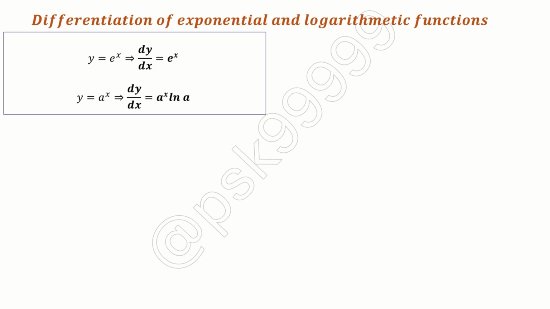We have already learned differentiation of log x equal to 1 by x. Log x means log base e. From that we will derive the differentiation of e to the power of x. So y equal to e to the power of x, dy by dx equal to the same value, e to the power of x. Y equal to a to the power of x, then dy by dx equal to a to the power of x into log a.